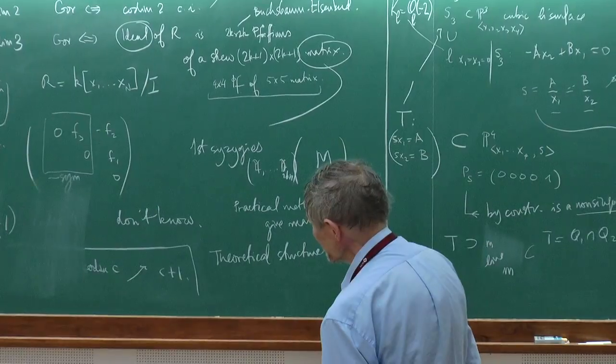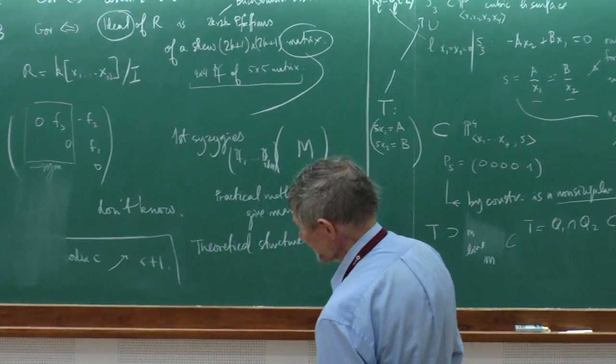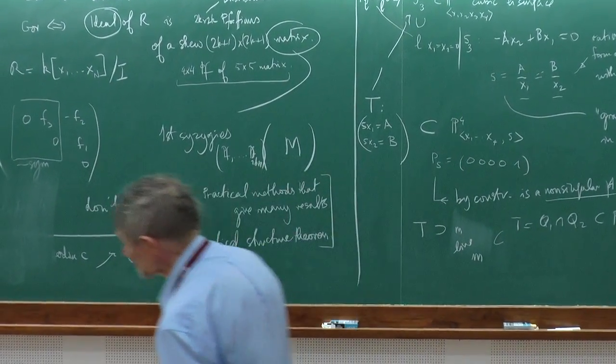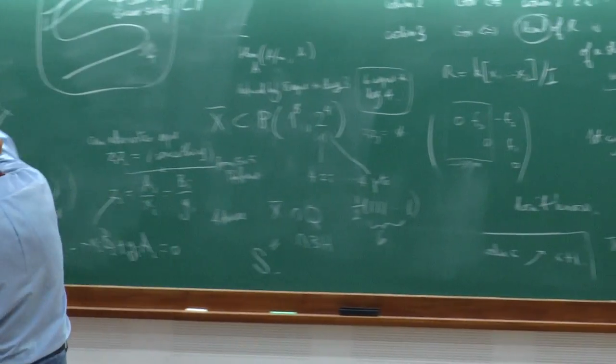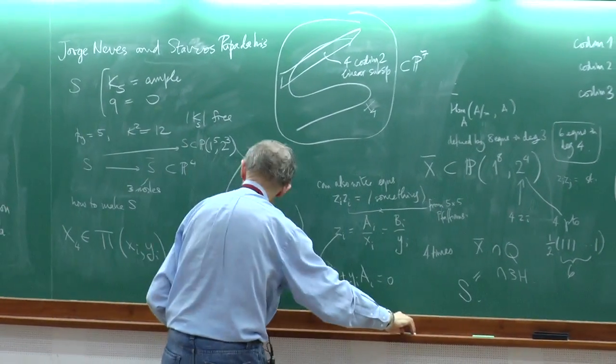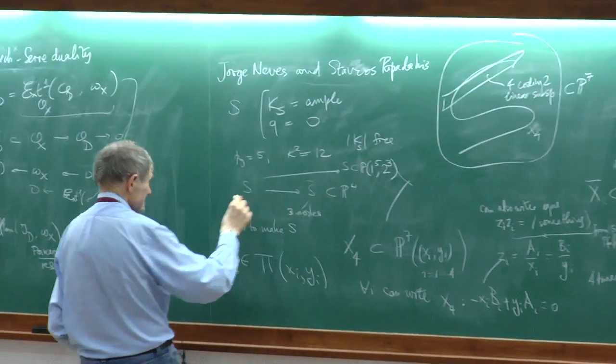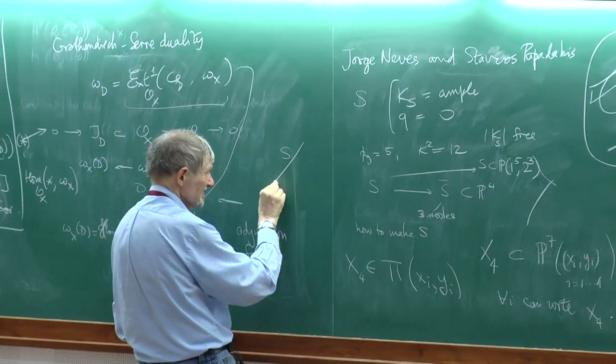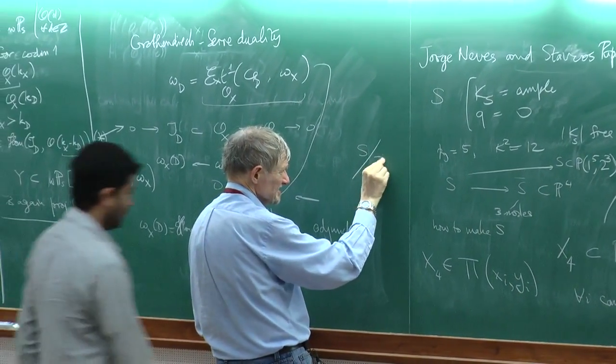Yes? So I had another very pretty example to do, but I don't have time to do it. Tomorrow I have slightly more serious applications. So the reason for Neves and Papadakis doing this is they can take this S and divide it out by Z0.